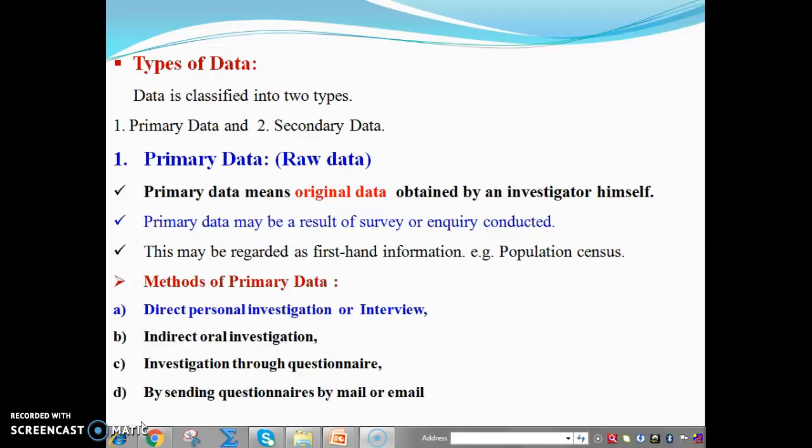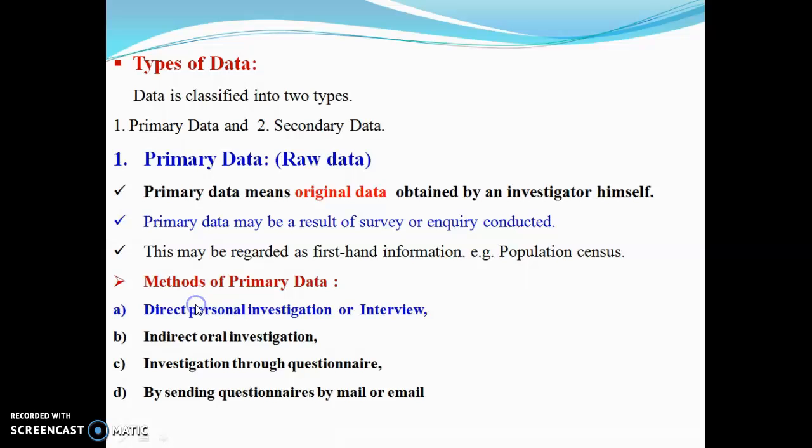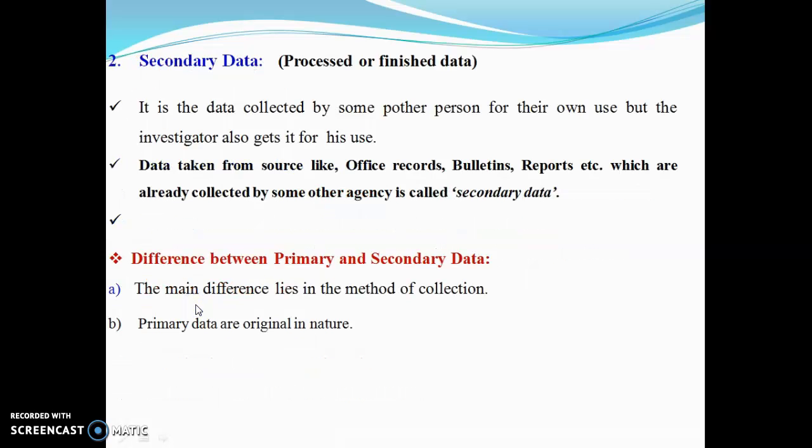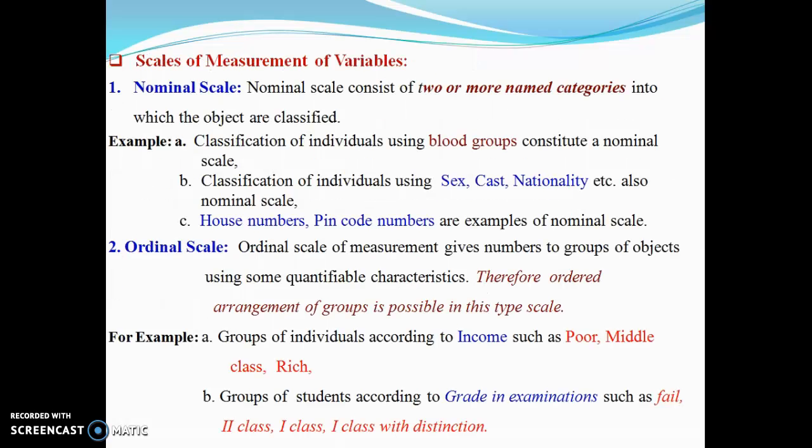In yesterday's class, we dealt with types of data, primary data and secondary data, and the difference between primary data and secondary data.